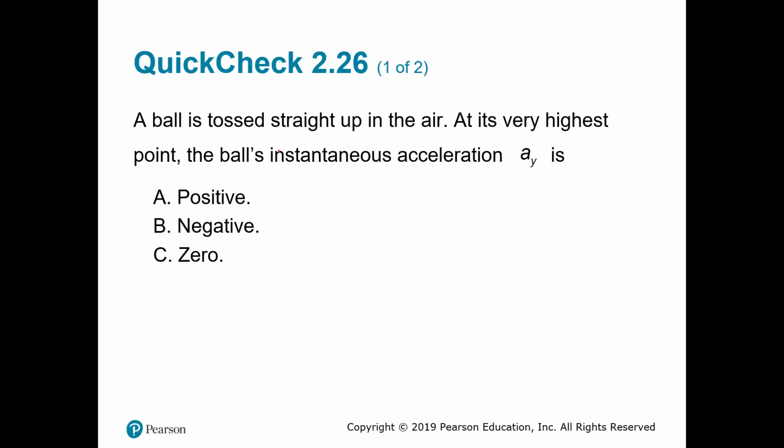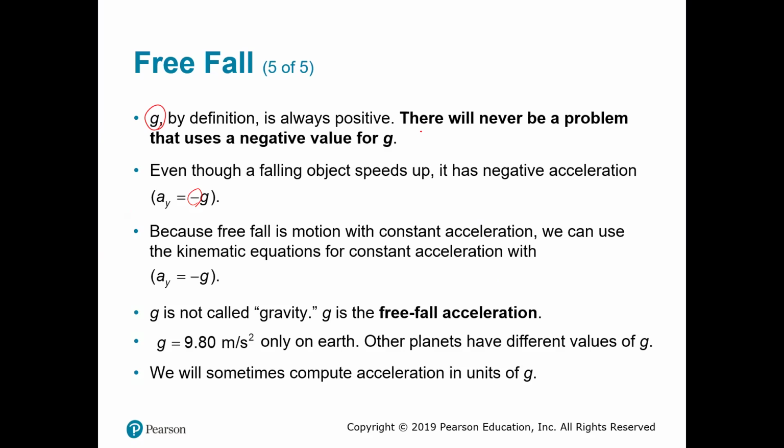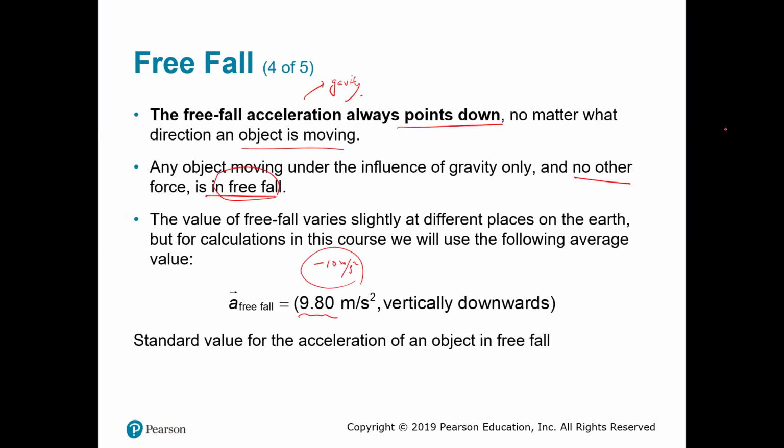So we have a question here. A ball is tossed straight up in the air. At its very highest point, the ball's instantaneous acceleration is up, again, negative, right? Why? Again, as I said here, the free fall acceleration always points down, no matter what direction the object is moving.